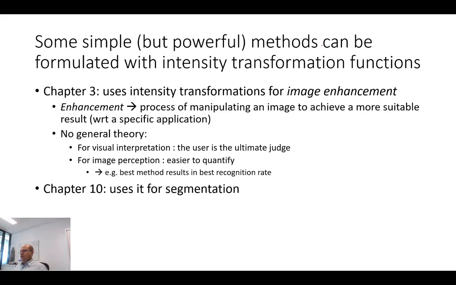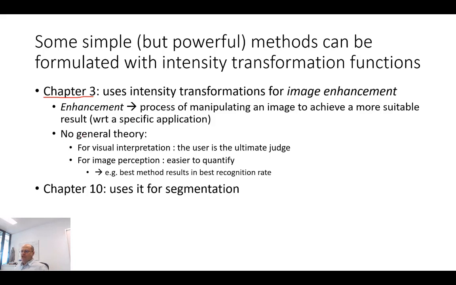These are some simple but very powerful methods that can be formulated with intensity transformation functions. The chapter that we are reading now, chapter 3, uses intensity transformations for image enhancement, meaning to make the image better, to make the information in the image more apparent. That's the meaning of enhancement here: the process of manipulating an image to achieve a more suitable result.